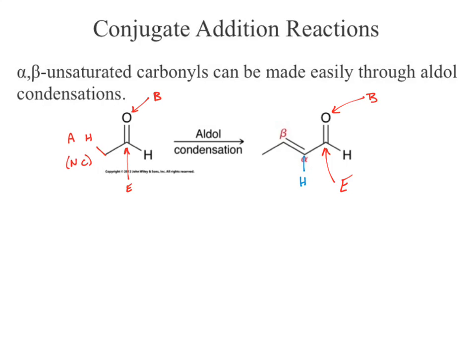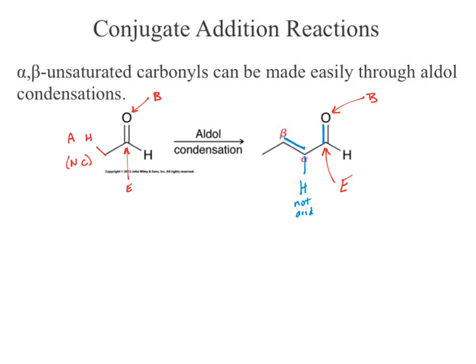No. Our hydrogen was acidic initially because of resonance stabilization. If we pull this hydrogen off, we actually disrupt the resonance of this pi bond with the carbonyl. So that hydrogen is not acidic anymore, the one I now just erased. We do have an alpha hydrogen. That alpha hydrogen is not acidic.